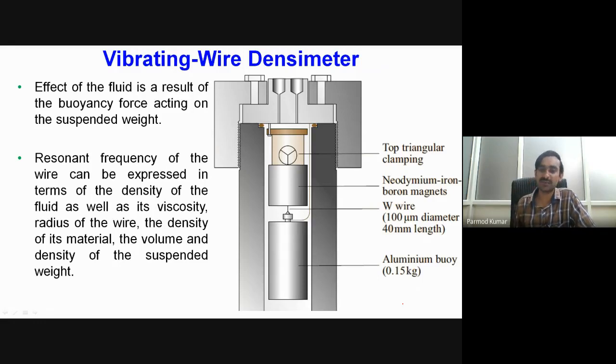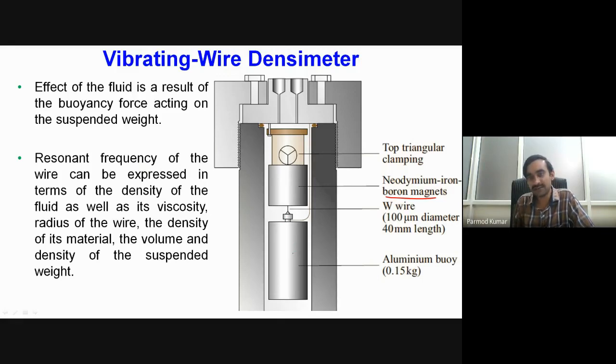Okay. Then one more type, the vibrating wire density meter, is there. So here also the principle is the same. Now instead of the earlier arrangement of tube vibrations, we are having some wire over here, and above this wire we are having some magnets, and these magnets give the excitation force for creating the vibrations.